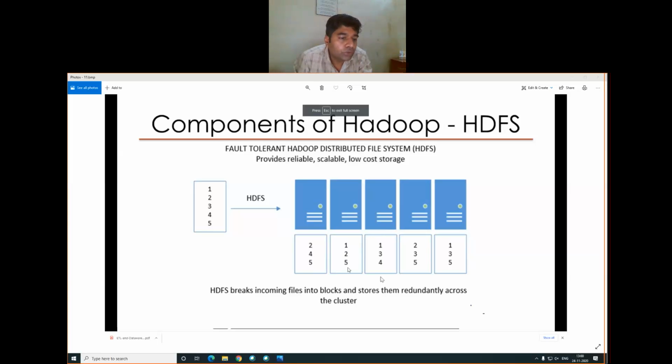So in the next class, we'll discuss in detail what the master worker architecture is and what MapReduce is. If all of you agree to take the class for 10 to 15 minutes more, then please send your consent. I want to discuss 3 to 4 slides more.